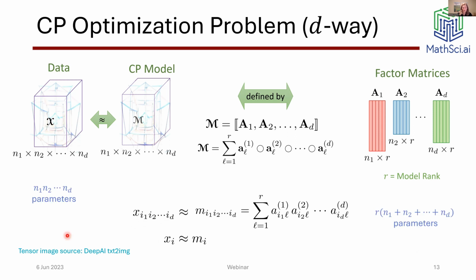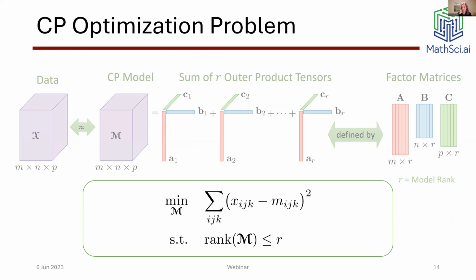So if we have N1 times N2 through ND parameters in our original data tensor, our CP approximation has R times the sum of the dimensions. And so this can be a significant reduction. If all the n's were equal, the original is size n to the d, so it's exponential in n. And then this would be r times n times d. So it's a huge reduction in the number of parameters.